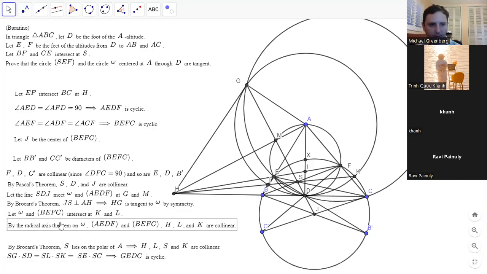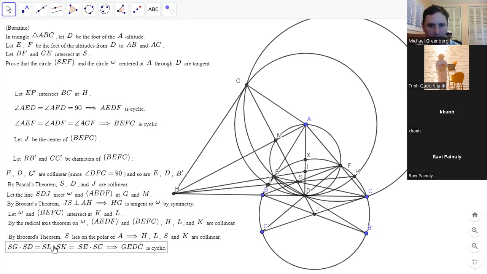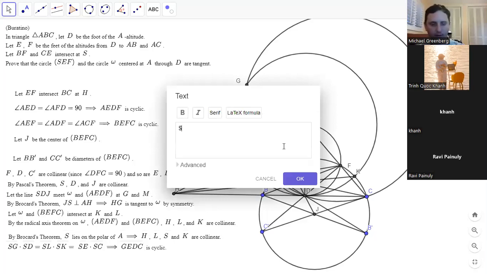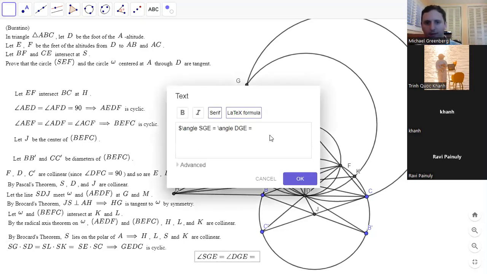And then we do an angle chase to show that GESF is cyclic, because angle SEG equals angle SGE equals angle DGE, which is equal to angle DCE, which is BCE, which is equal to angle BFE.